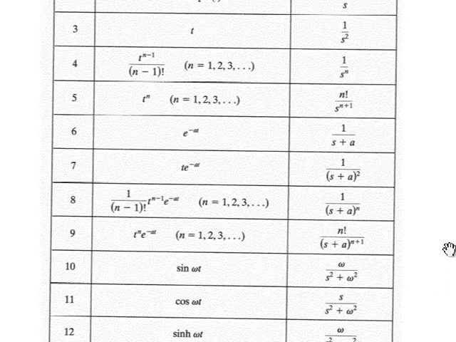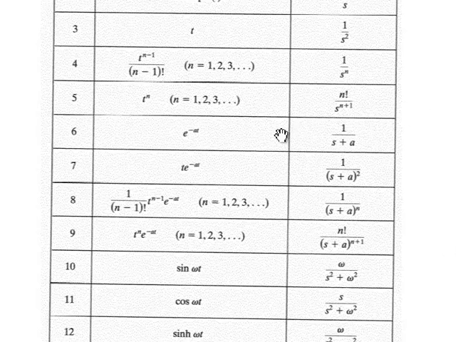As we look through this table, we can see that our function matches line 6. In this Laplace transform table, anything that's not s is assumed to be a constant. In our function, we have 1 over s plus bk, where bk is a constant.